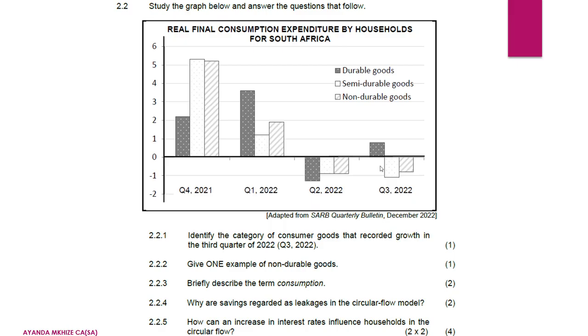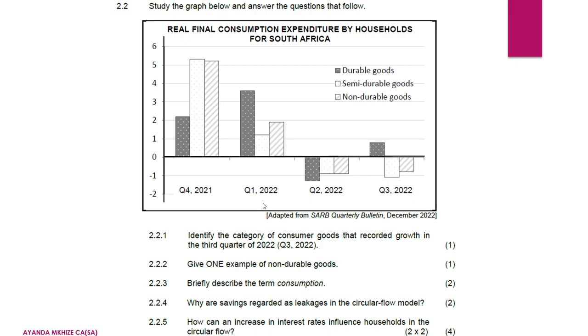However, in quarter three, we see an increase in durable goods, while the others stay below the zero line. That means durable goods, shown as dark gray with light white dots, have seen an increase.